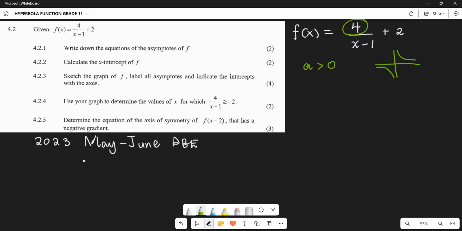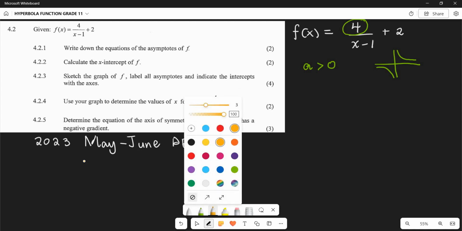So we expect a graph that looks like this. All right. So that's us trying to do 4.2.3 or have an image of what we are going to deal with. All right. So let us look at 4.2.1.